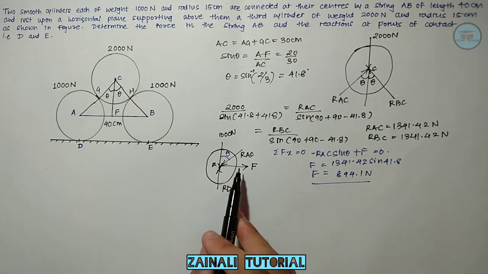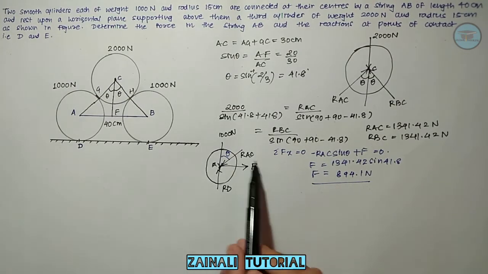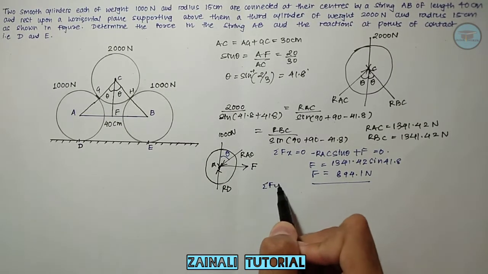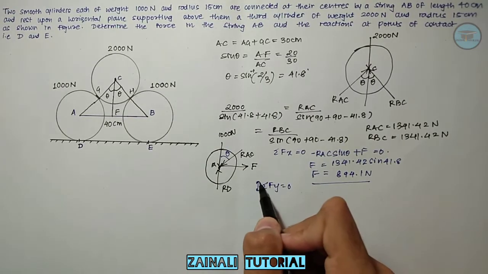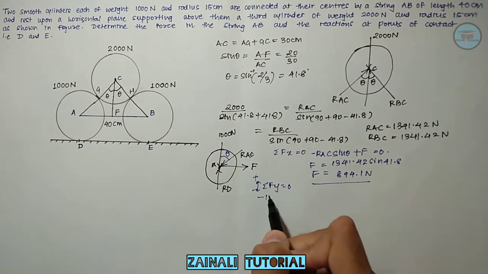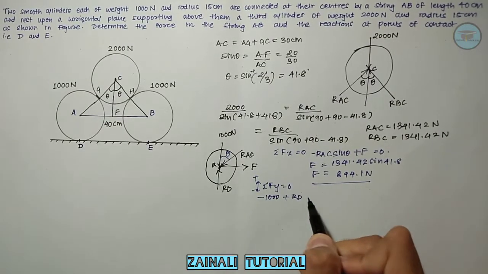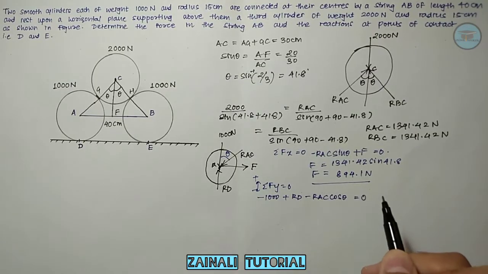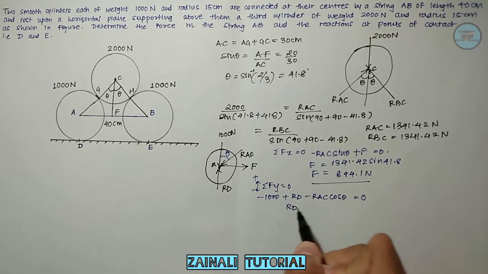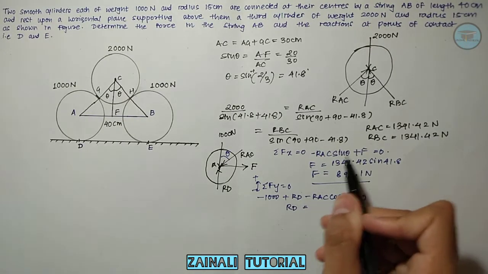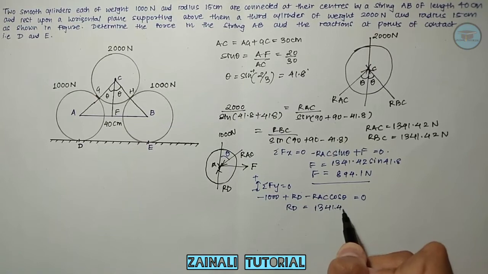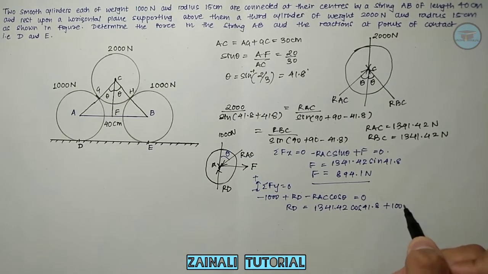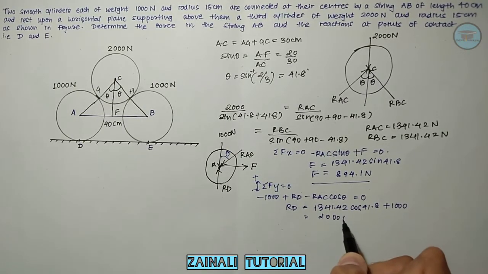So the force in the string would be 894.1 Newton, and it will be of the same nature only, as the answer is found to be positive. Now applying sigma Fy equals 0, upward force positive, downward force negative. So minus 1000 plus RD minus RAC into cos of theta equals 0. From this RD can be given by RAC, that is 1341.42 into cos of 41.8 plus 1000, so it will be nearly equal to 2000 Newton.